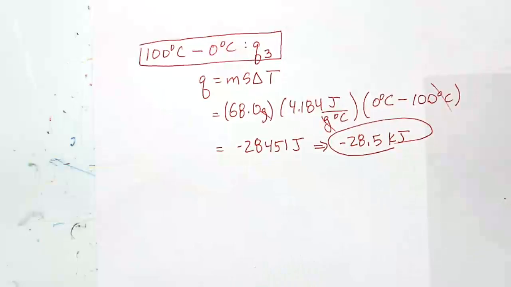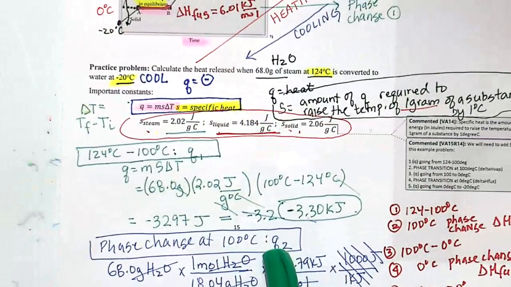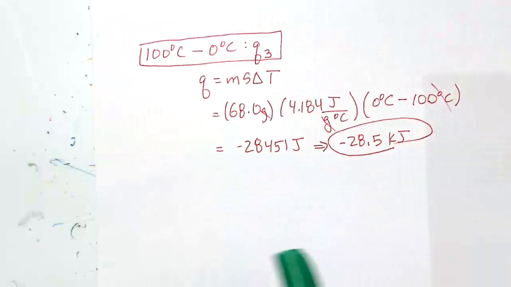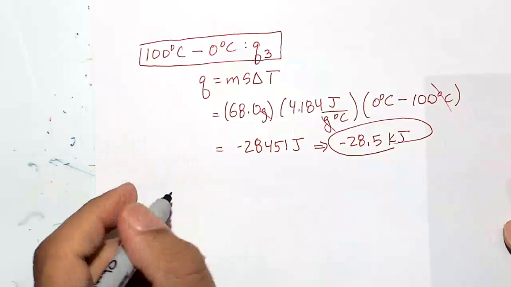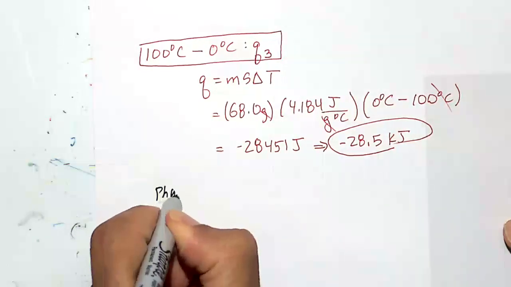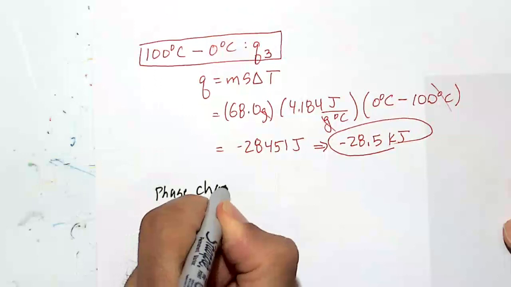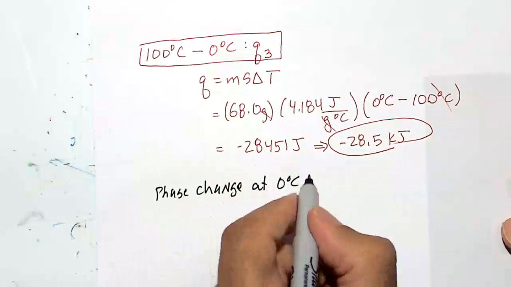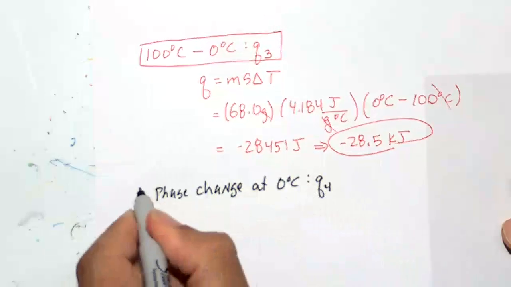Q4, we're going to call that a phase change. And a phase change at 100 now for water. Now we have a phase change at 0 for water. We'll do that in blue ink. No, do that in black ink. Okay, we'll call this Q4.